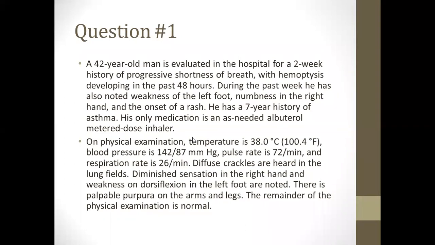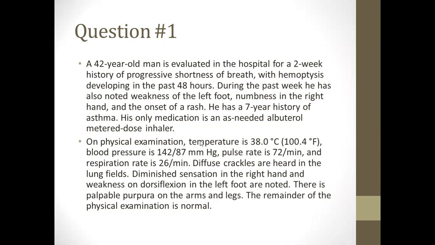This patient's a 42-year-old man that was evaluated in the hospital for a 2-week history of progressive shortness of breath with hemoptysis developing in the past 48 hours. During the past week, he has also noted weakness of the left foot, numbness in the right hand, and onset of rash. He has a 7-year history of asthma. His only medication is an as-needed albuterol metered-dose inhaler.